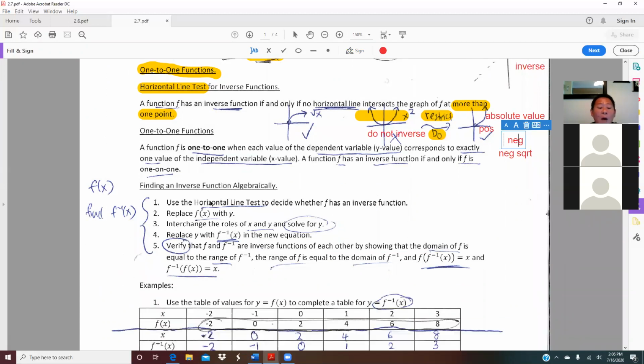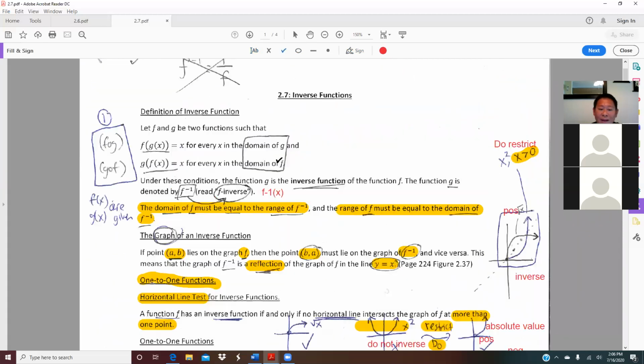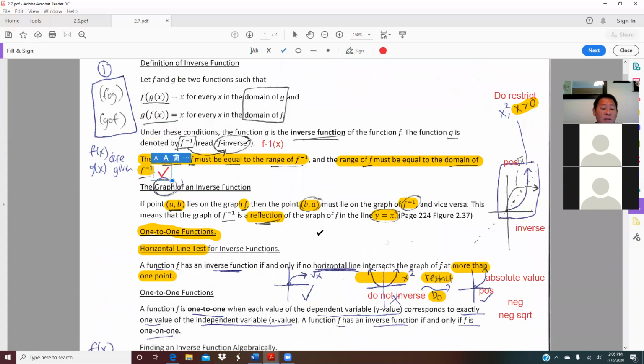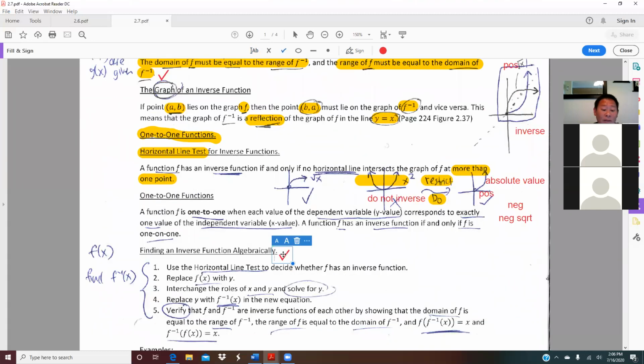So how do you find the inverse function algebraically? Out of all this, I will put checkpoints so you know which ones are important. The range and the domain of the function are very important. Finding the inverse function algebraically is important. The first thing is to check whether the function has an inverse by doing a horizontal line test.